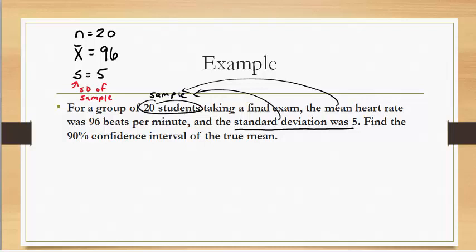And then the problem continues and says, find the 90% confidence interval for the true mean. Okay, so what is going to happen here is that I'm going to take my formula and make a couple of changes to the formula based on the information that I'm given.